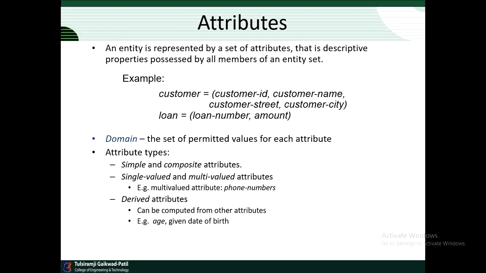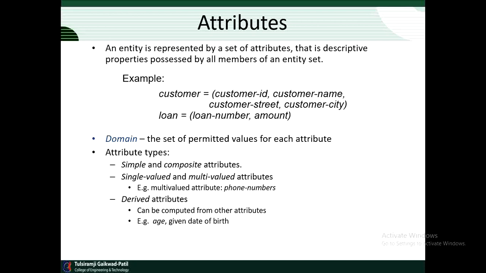Loan number and amount describe the entity loan, and the customer entity can be described by using customer ID, customer name, street, and customer city. So this is the role of attributes to describe an entity set.